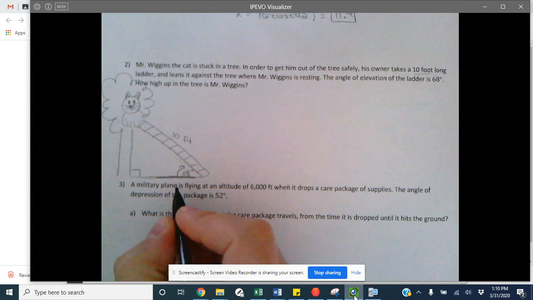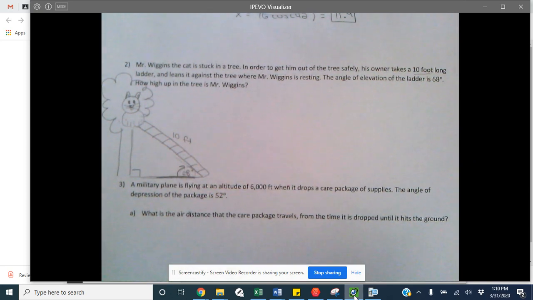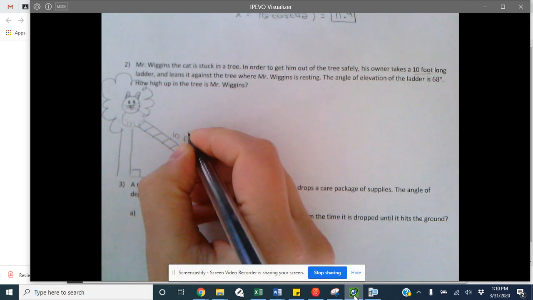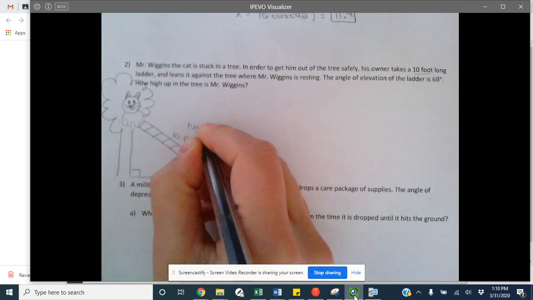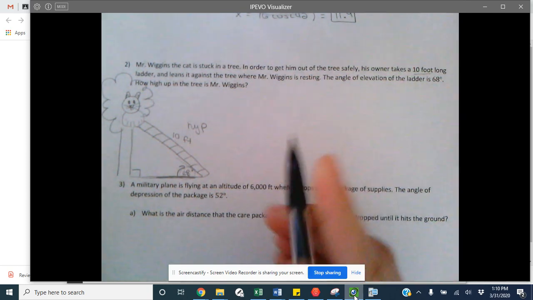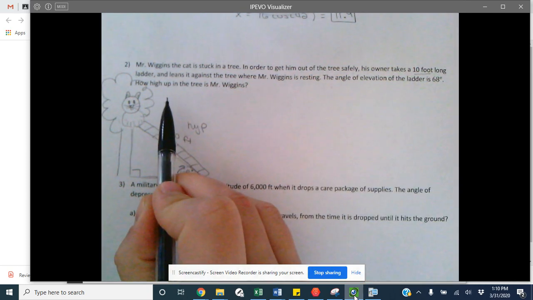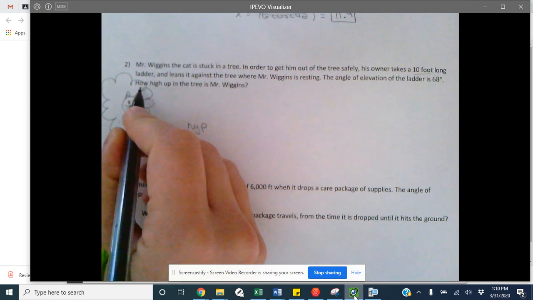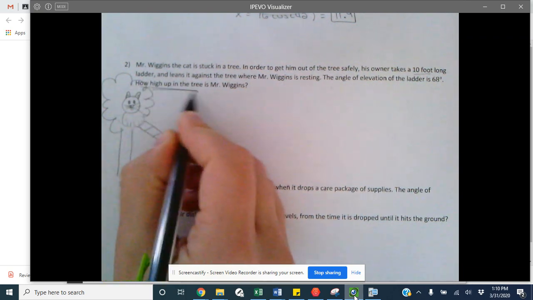Okay, so now that we have our angle of reference, the 10 is going to represent the hypotenuse since it's across from the right angle. Now let's see what else we want to label. What else are we asked to find? Well, we want to see how high up in the tree.